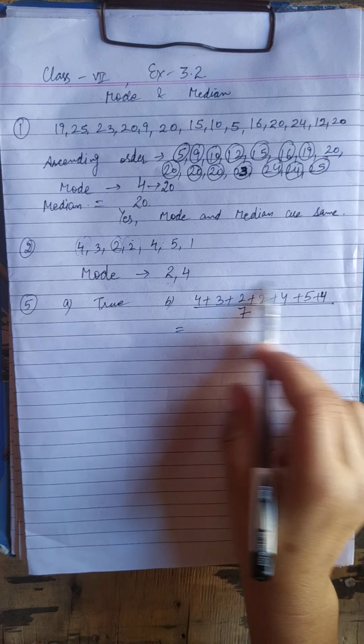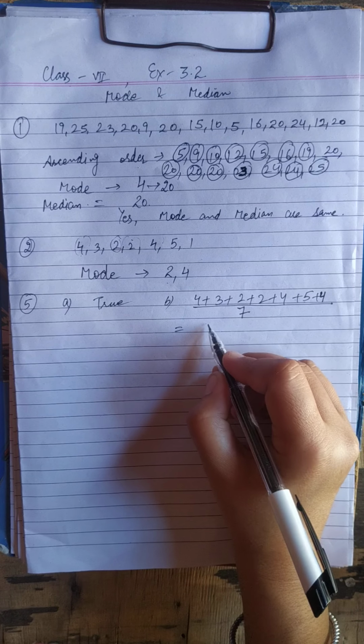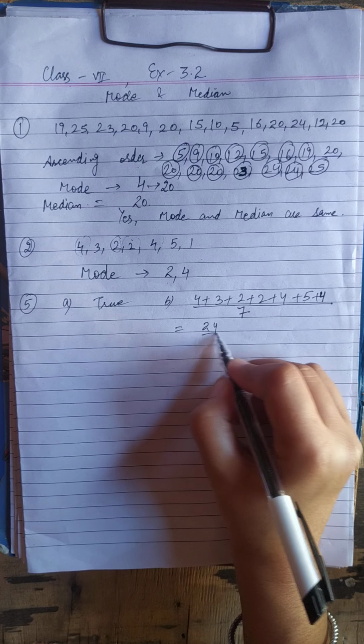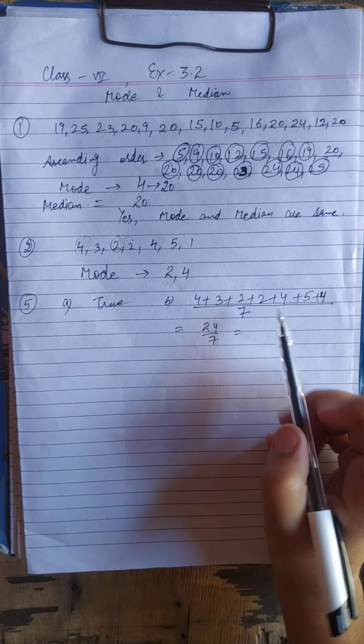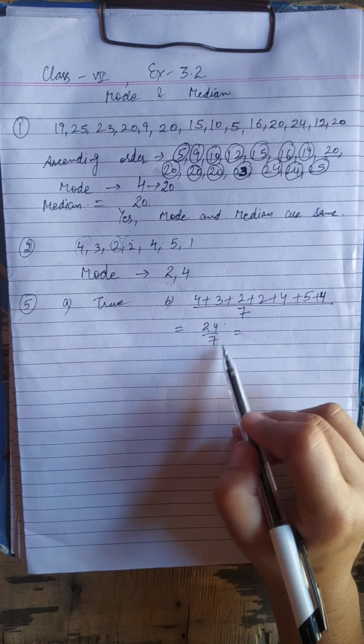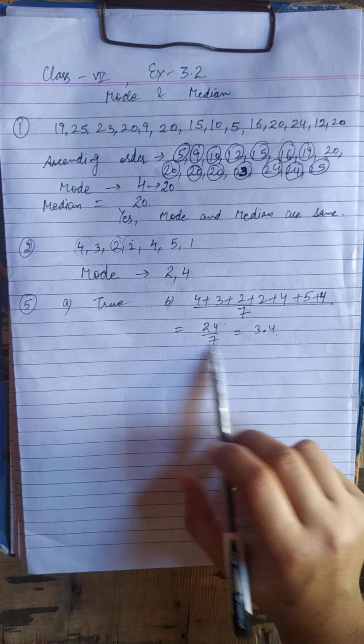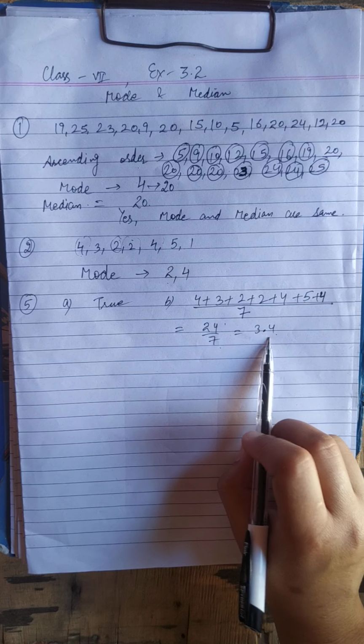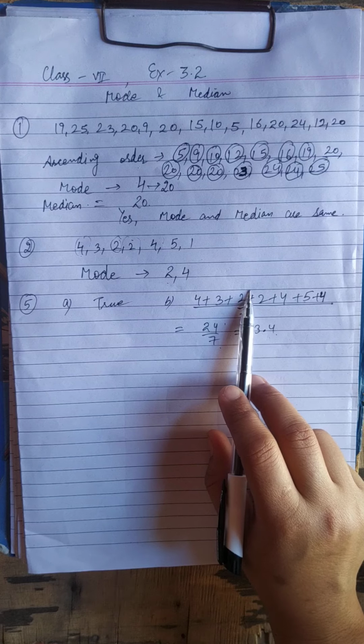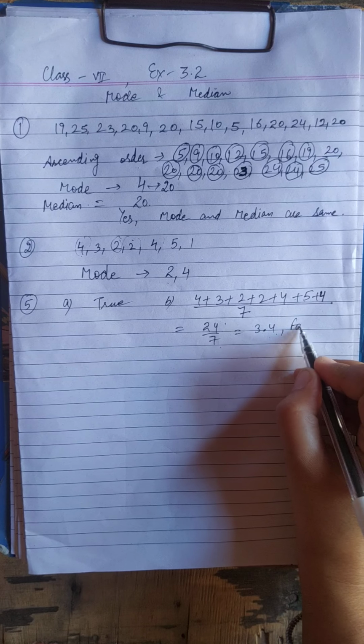When you add these numbers, you get 24 by 7. When you divide 24 by 7, you get 3.4. So the mean of any data is not necessarily from the data only. So this answer is false.